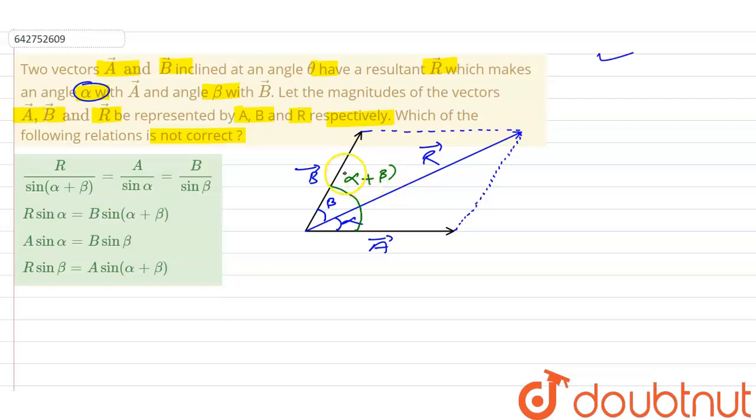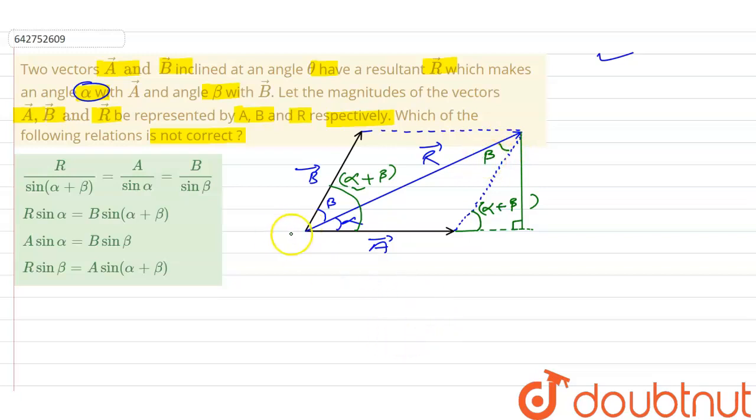After that, if we draw a triangle, after drawing this line, this line is perpendicular to this dotted line. This angle is 90 degrees. This angle will be alpha plus beta, same as this angle, and if this angle is beta, then this angle will also be beta.